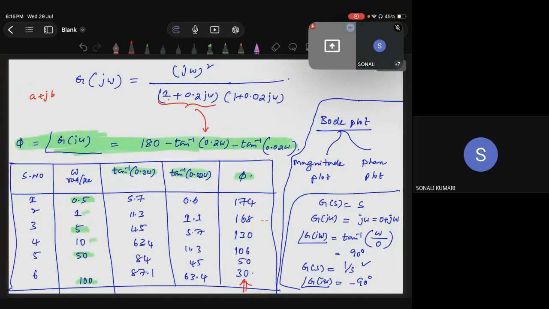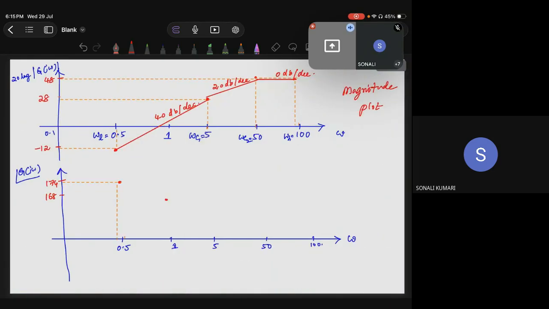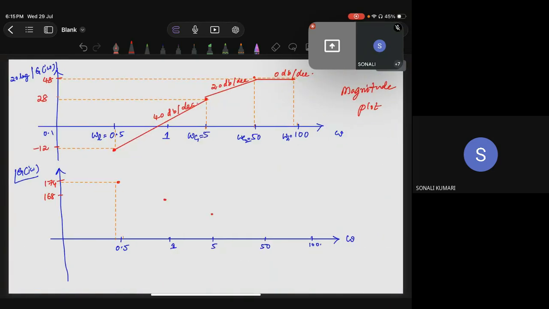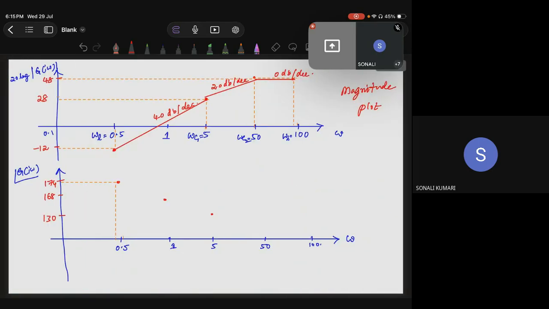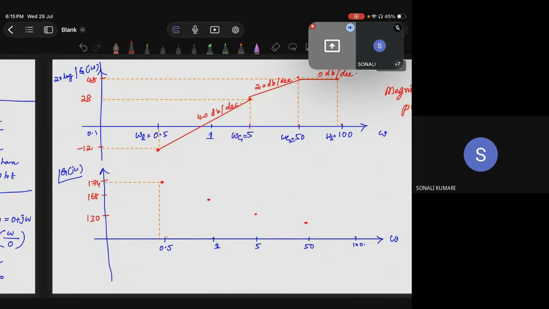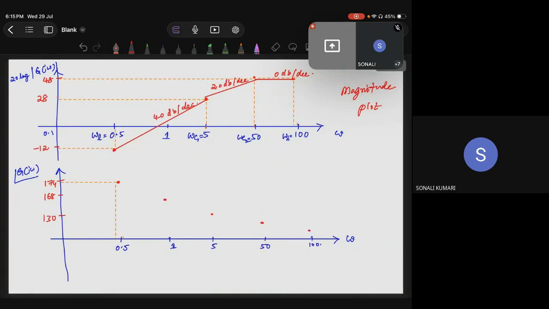So third one is at 5, we have 130. Okay. Then at 10, we have 106. At 50, we have 50. The last we have is 30. Okay. You can see these values.